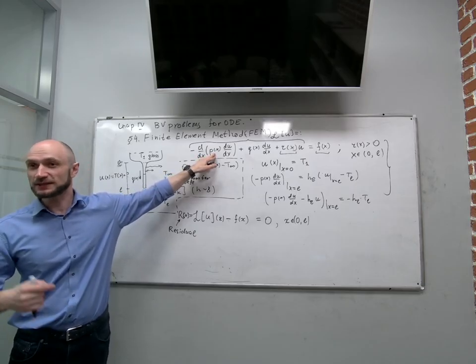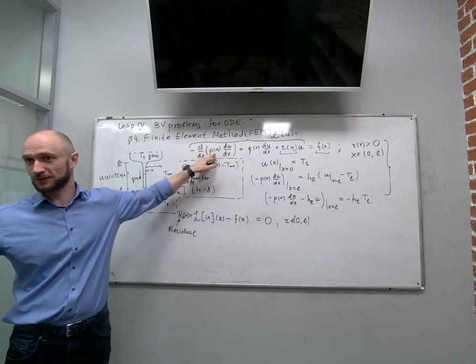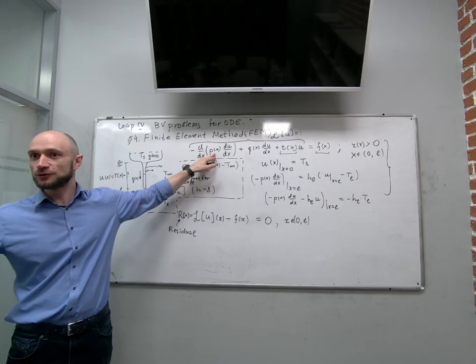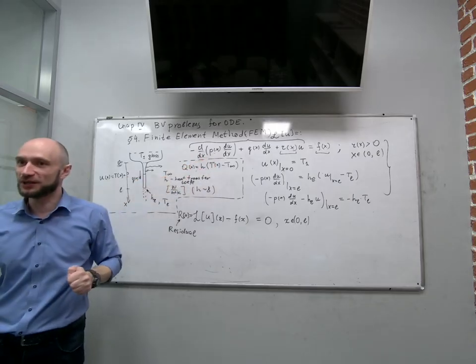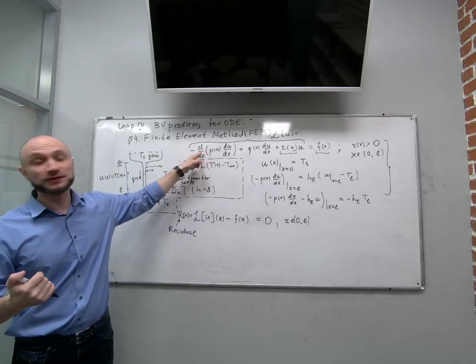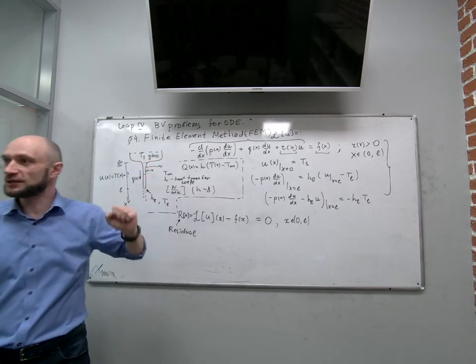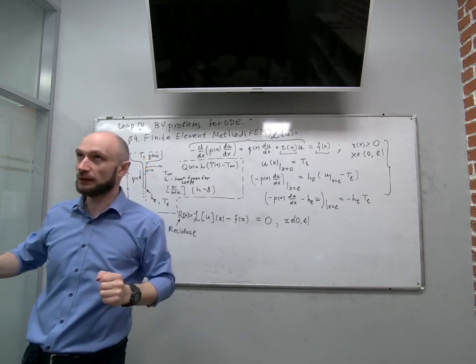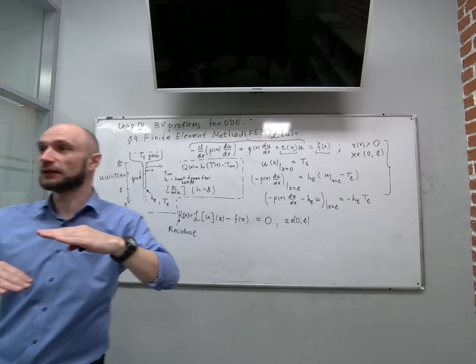P of x actually has the sense of thermal conduction coefficient, right? And you can do something to abruptly change your thermal conduction. If you do so, this derivative would not exist, because you cannot differentiate a discontinuous function in the classical sense.